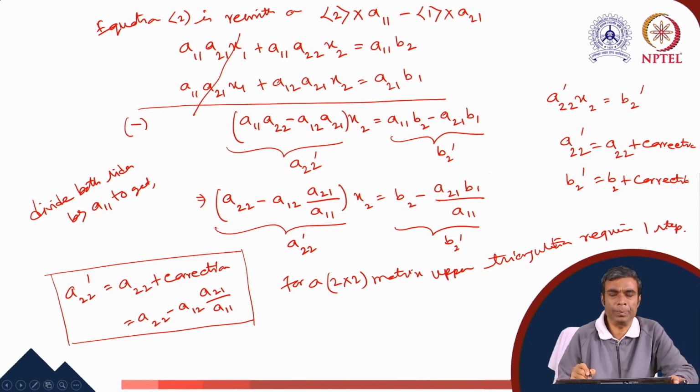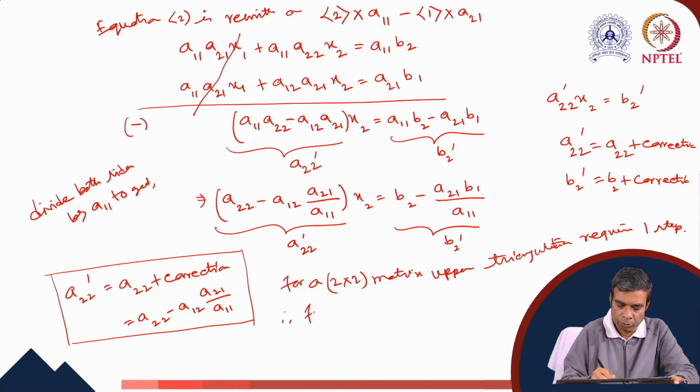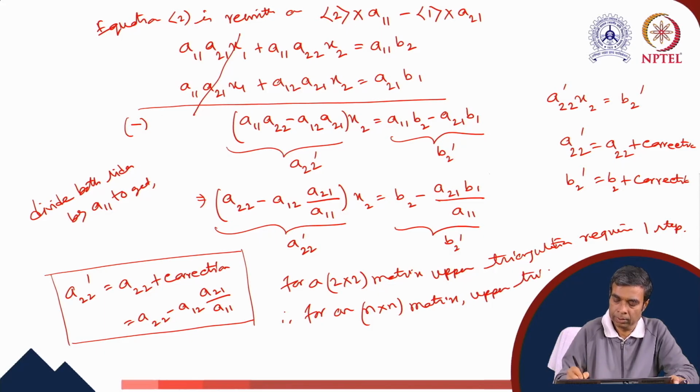So in one step of calculation, a 2 by 2 matrix reduces to the upper triangular form. Therefore, for an n by n matrix, upper triangulation will be achieved in n minus 1 steps.